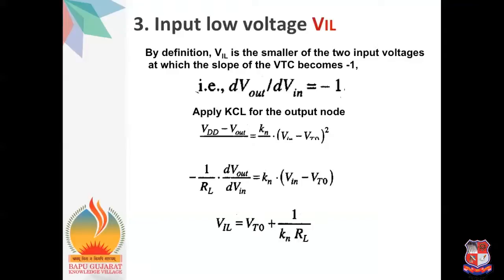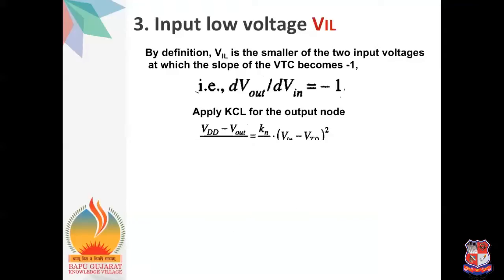So here from this equation we apply dVout/dVin equal to -1. We already know, so putting in -1, we have the equation of VIL, that is VIL equal to VTO + 1/(KnRL).